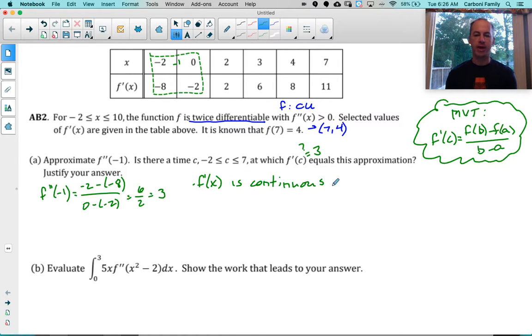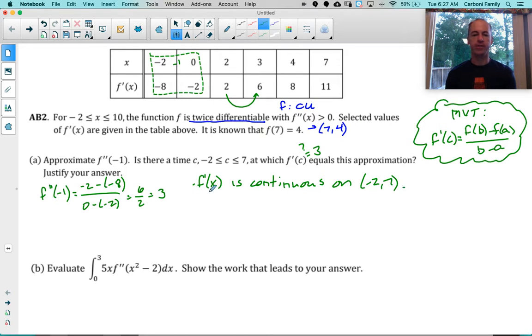Let's see, so f prime is continuous on the whole interval, -2 to 7. And I am looking for a place where f prime could be 3. And I noticed that from x equals 2 to x equals 3, my f prime goes from 2 to 6. We have to cross 3 somewhere on that interval by the intermediate value theorem.